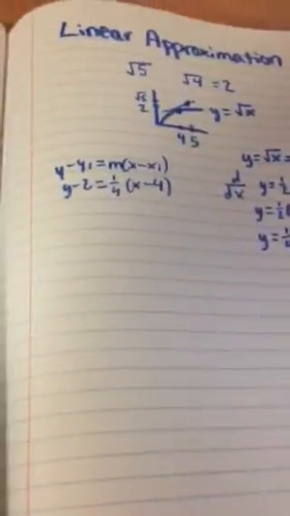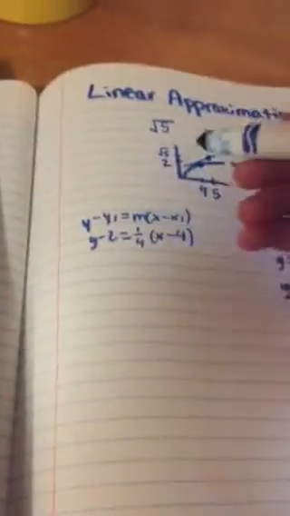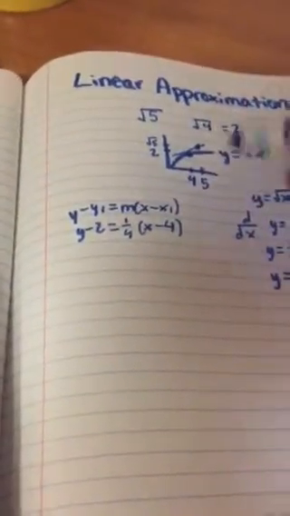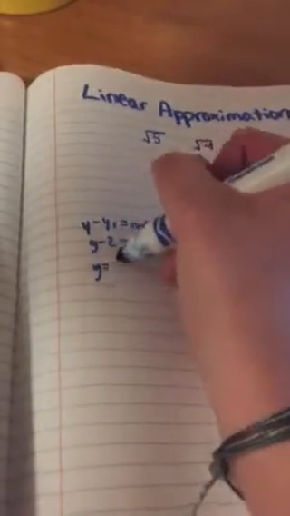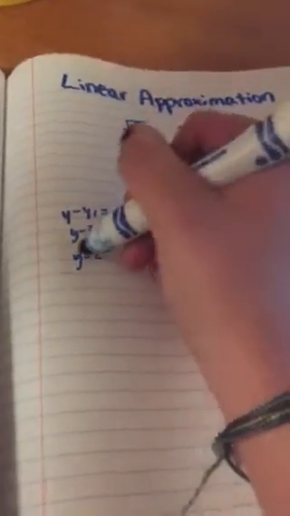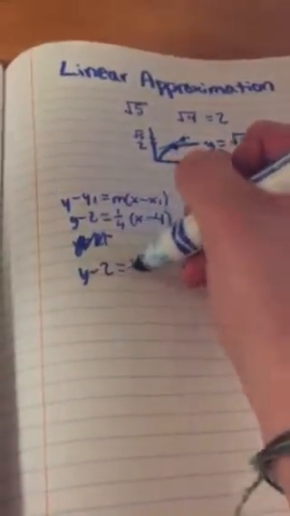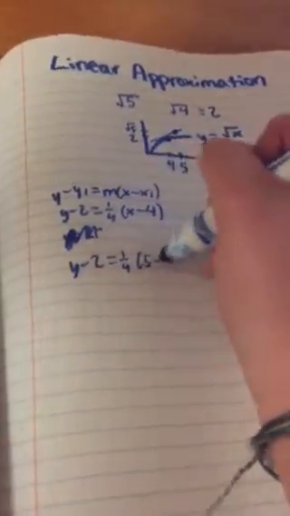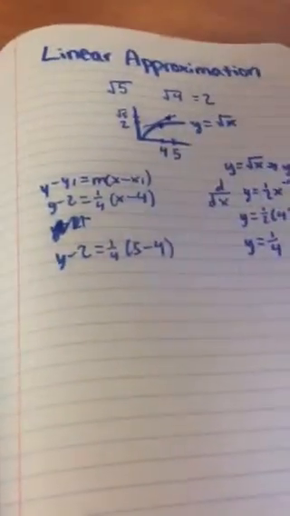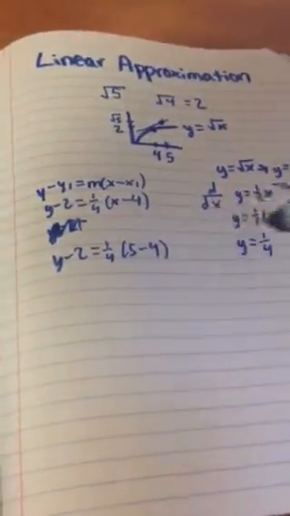Now that we have that equation, we're going to be able to solve for y, this radical 5, when x equals 5. So y minus 2 equals 1/4 times 5 minus 4. See, we just plugged that 5 that we want to know in for the x.